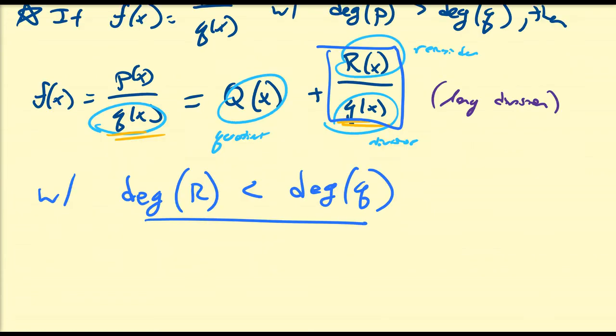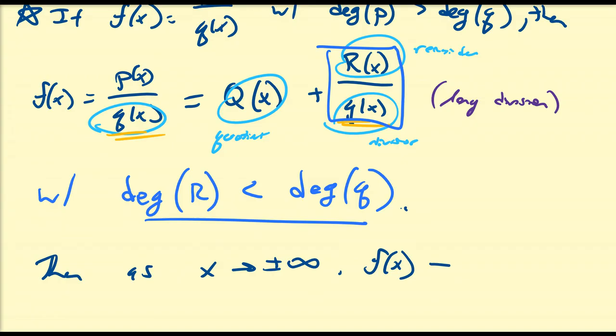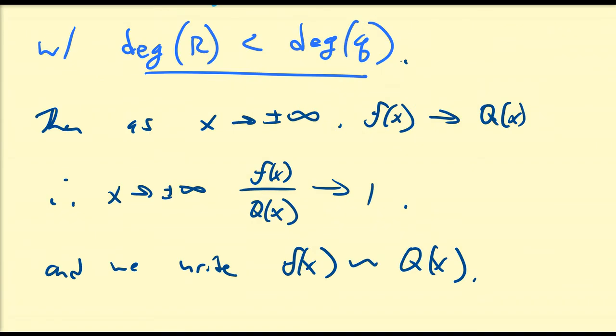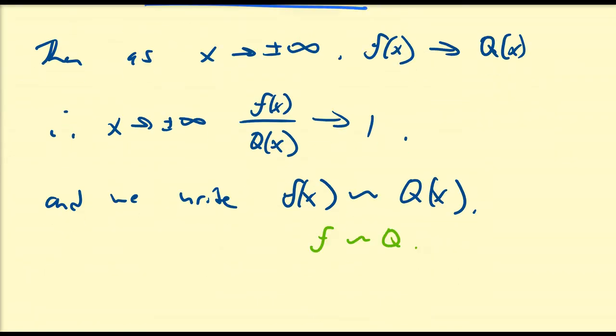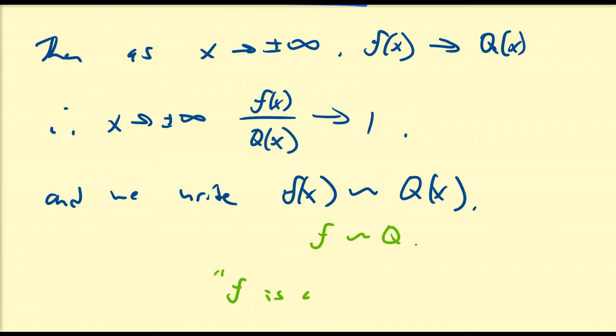So then, as x tends to plus or minus infinity, f of x is going to tend to our quotient Q of x. Or you may see this abbreviated as f is asymptotic to Q.